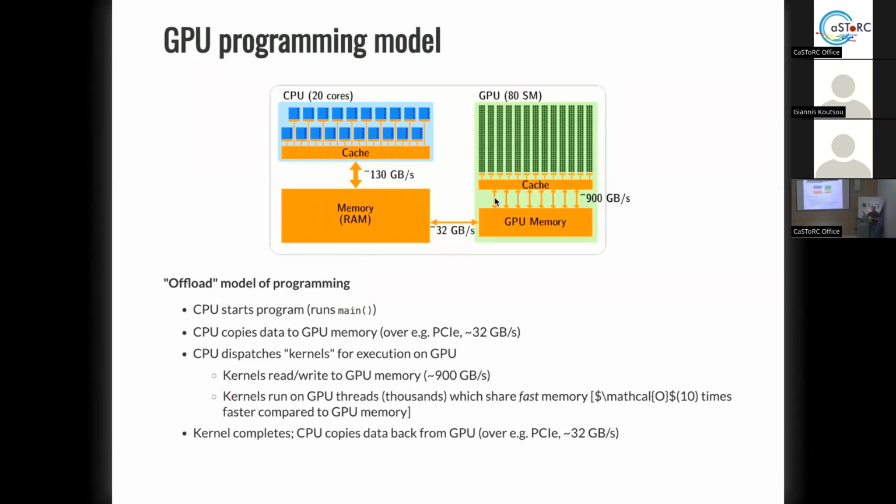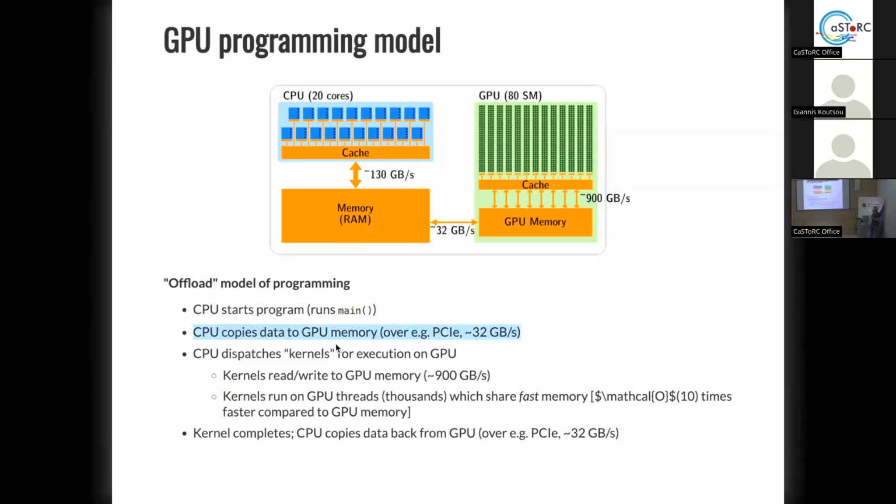These are functions that you have marked to be run on the GPU, and these functions can only see GPU memory. The functions that you have marked, the GPU functions, can only have access to GPU memory. That's why you have to go through this step first, which is copy data to GPU memory.